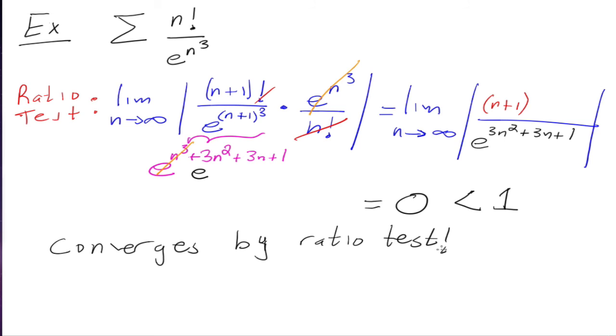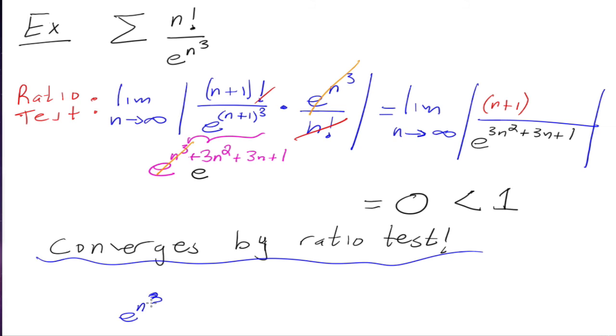But right here, this converges, which means that the exponential dominates. How come? What's the difference between the other one that we did? This isn't just a regular exponential, right? This is e raised to the n cubed, not e raised to the n.